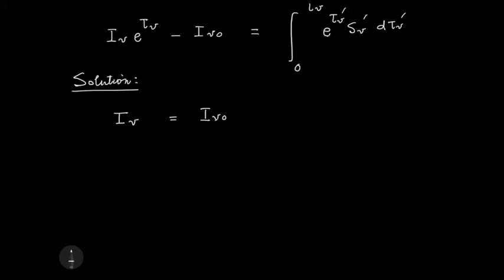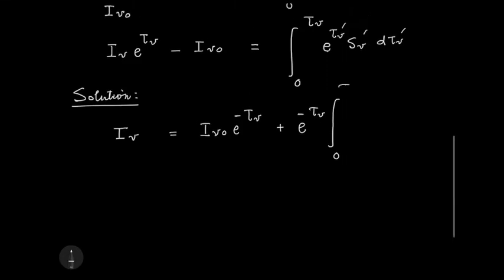So I divide everything by e to the tau nu and also bring that minus I nu 0 in the right hand side back to the right hand side. So this is e to the minus tau nu plus e to the minus tau nu times the integral. The integral, obviously I cannot do anything unless I know S nu as a function of tau nu.